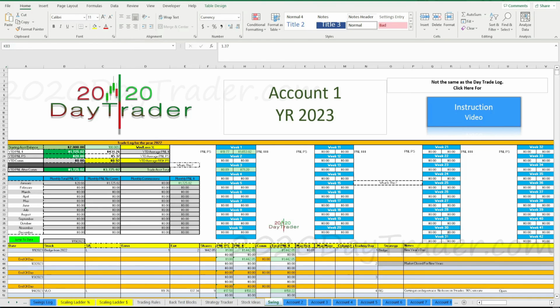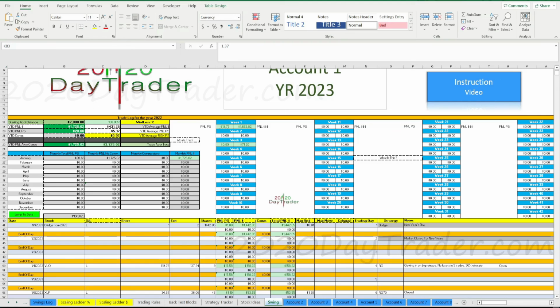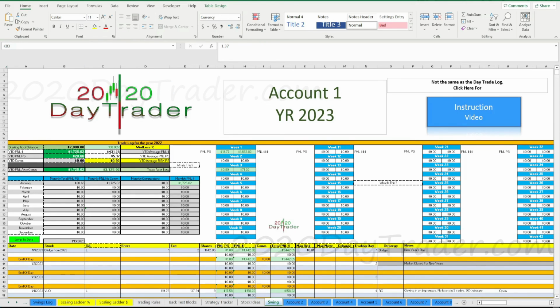So, pretty good. $1,700 over here, you can see in this bar here. $1,700 is what we've grown this account so far. January looks so big because of the carryover from last year. Because we carried over $1,442, that's why January looks like $1,700. But yeah, so far off to a good start this year.